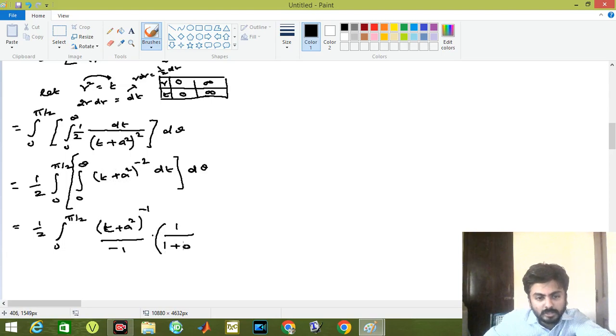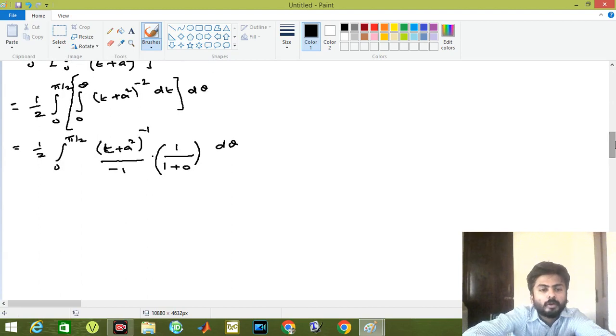A square is 0. Then you are having d theta. Now you are going to solve this. That is equal to 1 by 2 integral 0 to pi by 2.